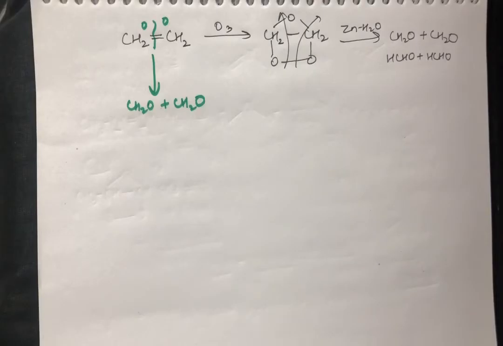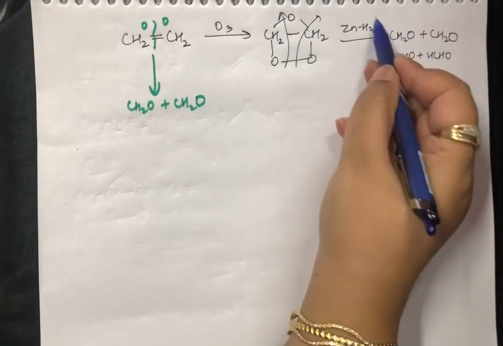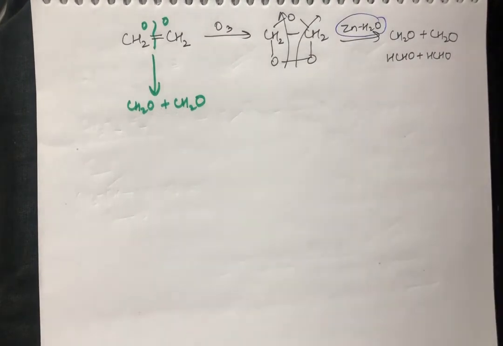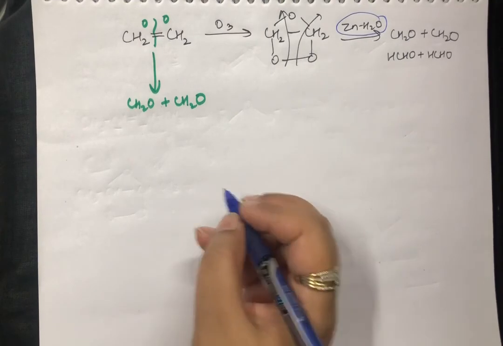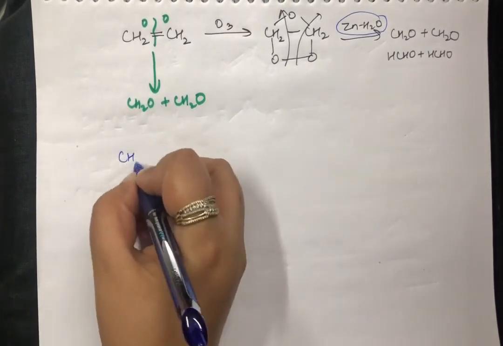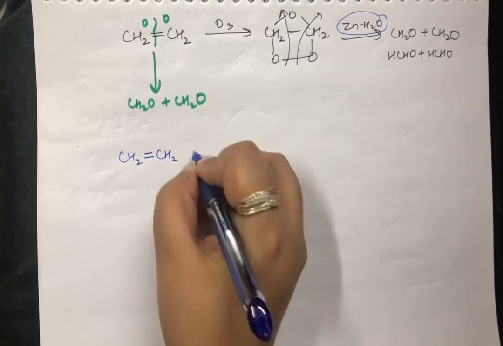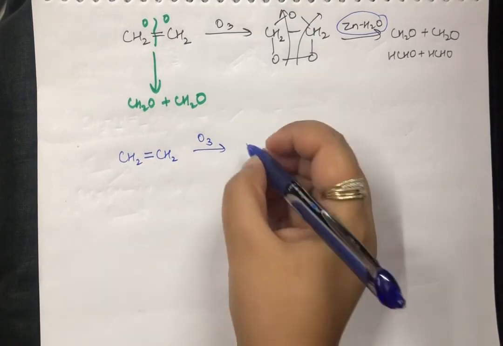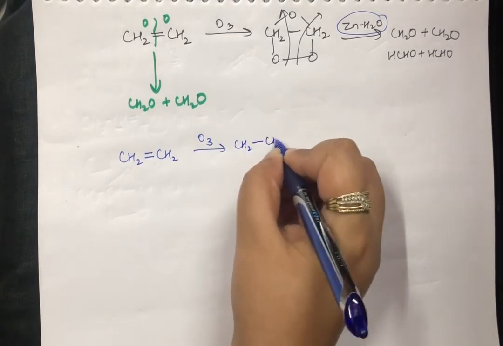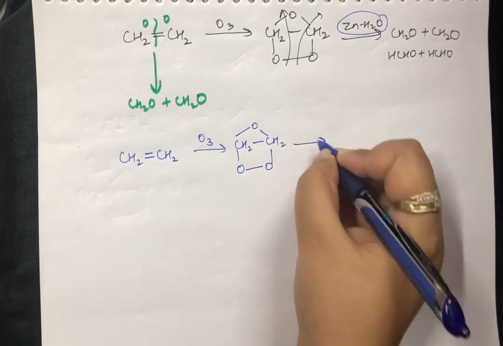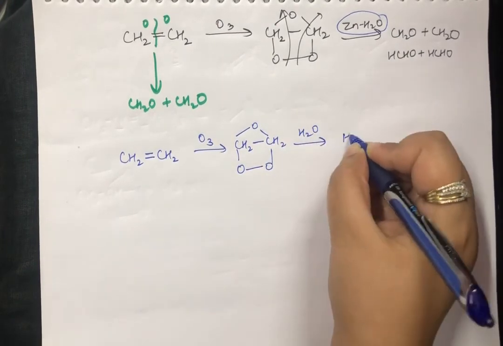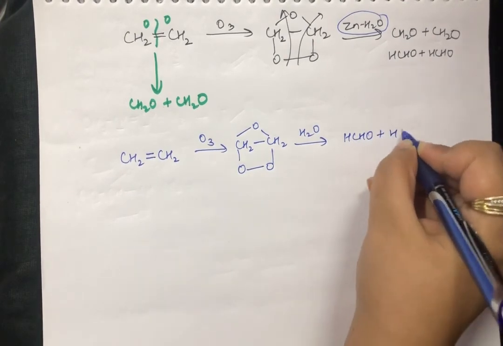Now the most important question is, why did you add zinc and water? Why not just do a normal hydrolysis? The answer is, for example, I will do the same reaction for this. You added ozone, and after rearrangement you got your ozonide like this. And then if you add water, you get HCHO plus HCHO.